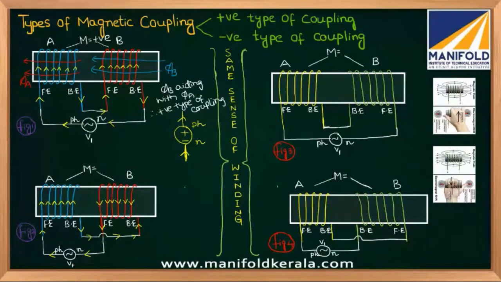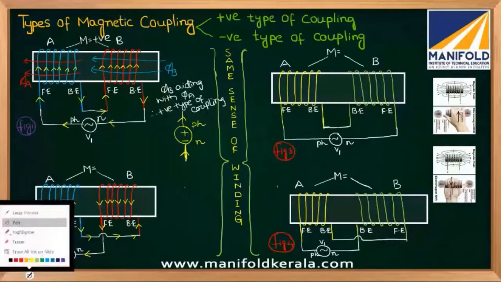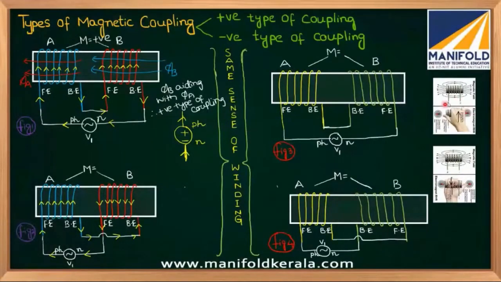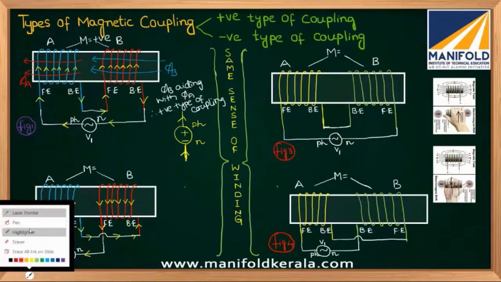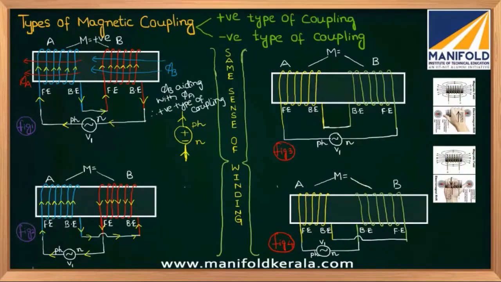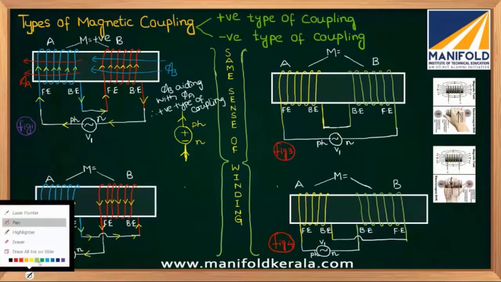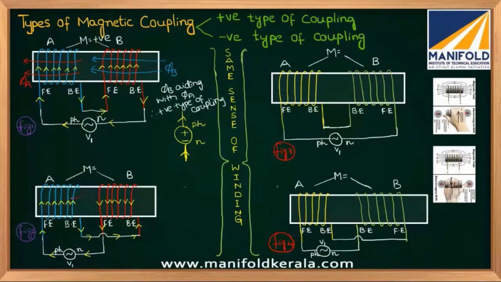So you have to show like this. Let me use the laser pointer, since some people are confused. If you show like this, the thumb means the direction of flux. In coil A, the direction of flux will be from right to left, like this. That is phi A.